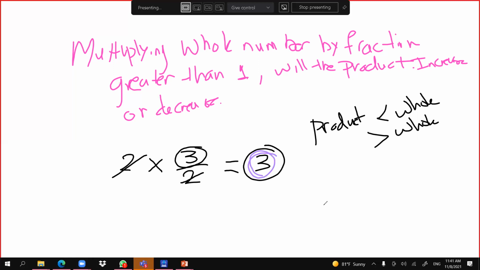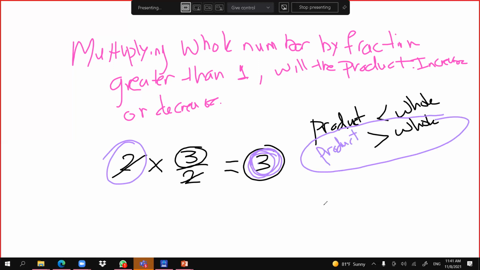Look at 3 and compare it with the number 2. 3 is greater than the whole, so it will be greater. Is it clear? How do you find it? Okay. Wow.